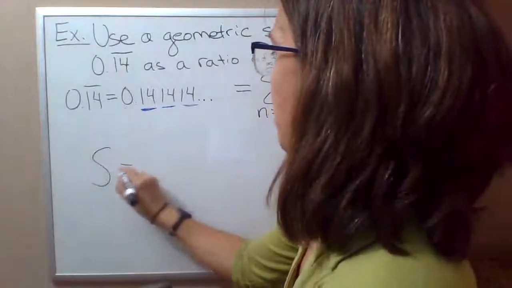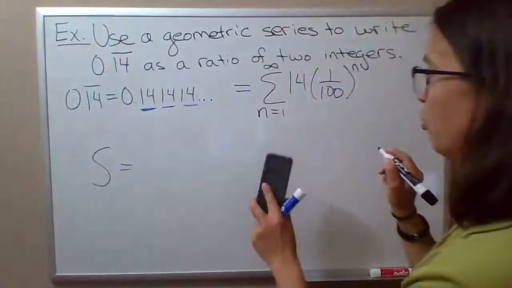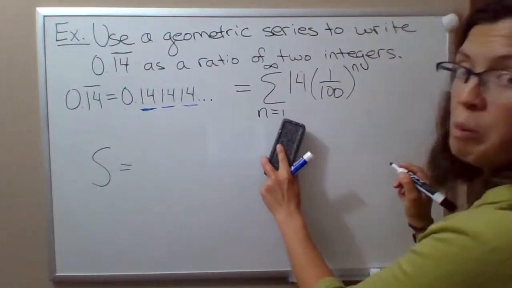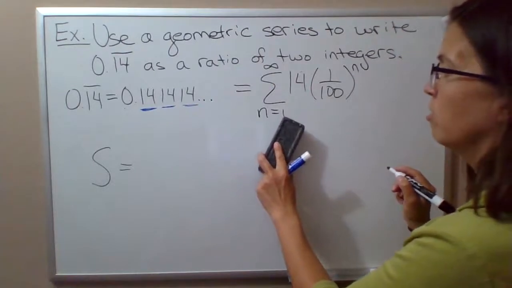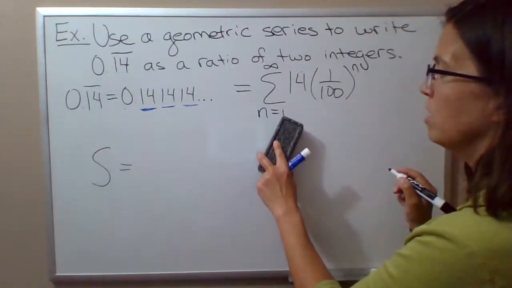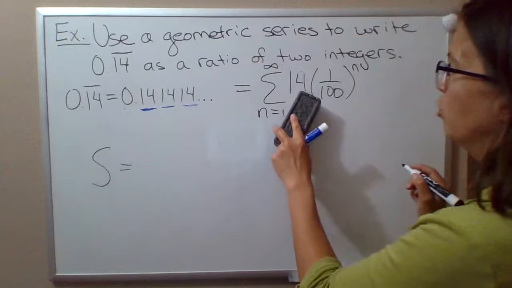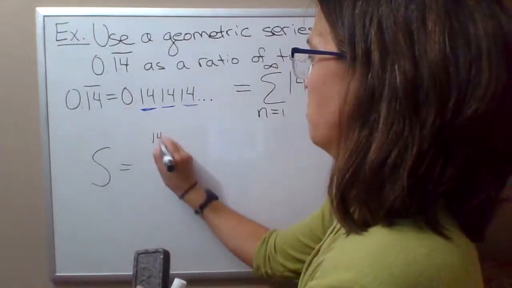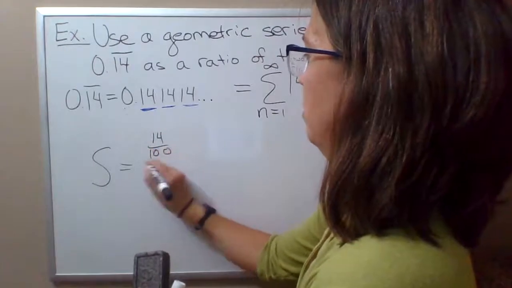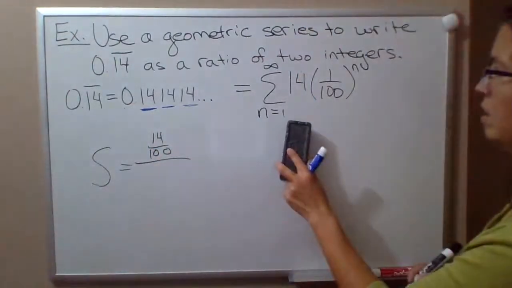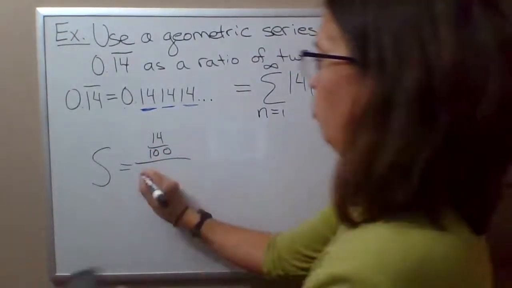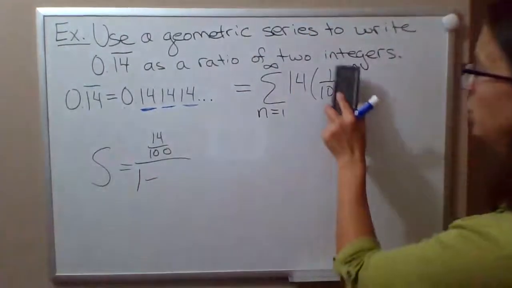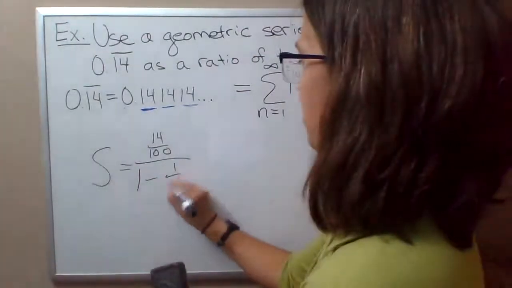So the sum of that series is the first term. So remember, that's when you need to pay attention to where this sum actually starts. So it starts with n equals 1. So 14 times 1 over 100 to the first. So that's going to be 14 over 100 when you plug in n equals 1. Over 1 minus the common ratio, which is 1 over 100.